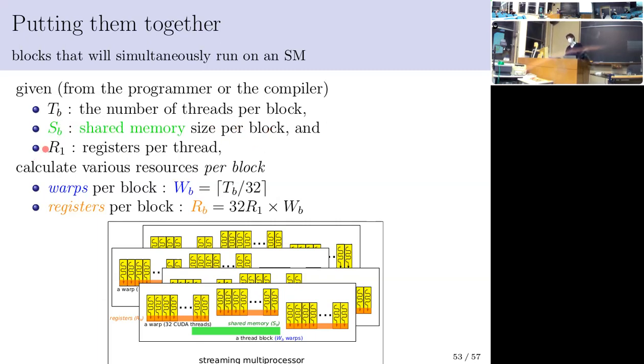And you also, well, it is not necessarily you who specifies the number of registers per thread, but indirectly you write a program and the compiler determines from your program how many registers are needed per thread. Let's call it R1. The quantity per thread is subscripted by 1.